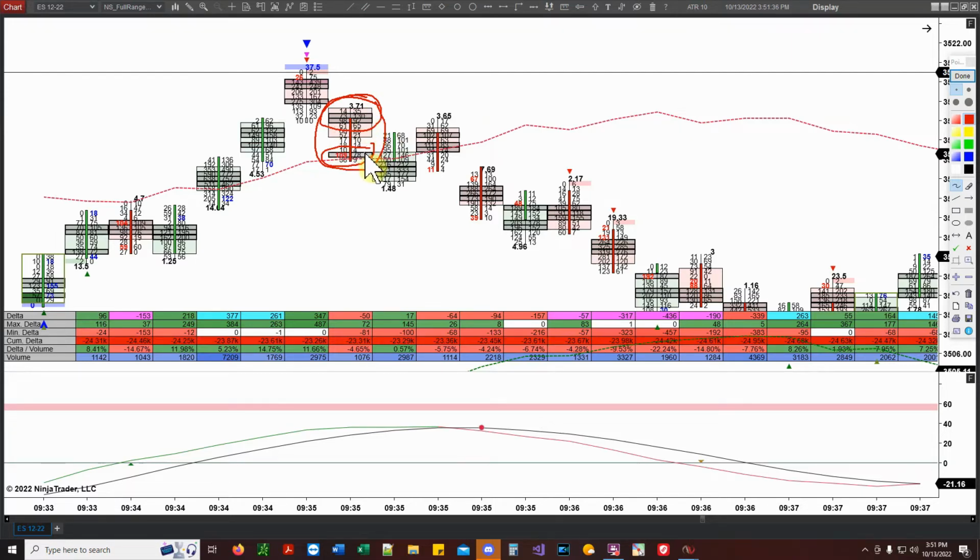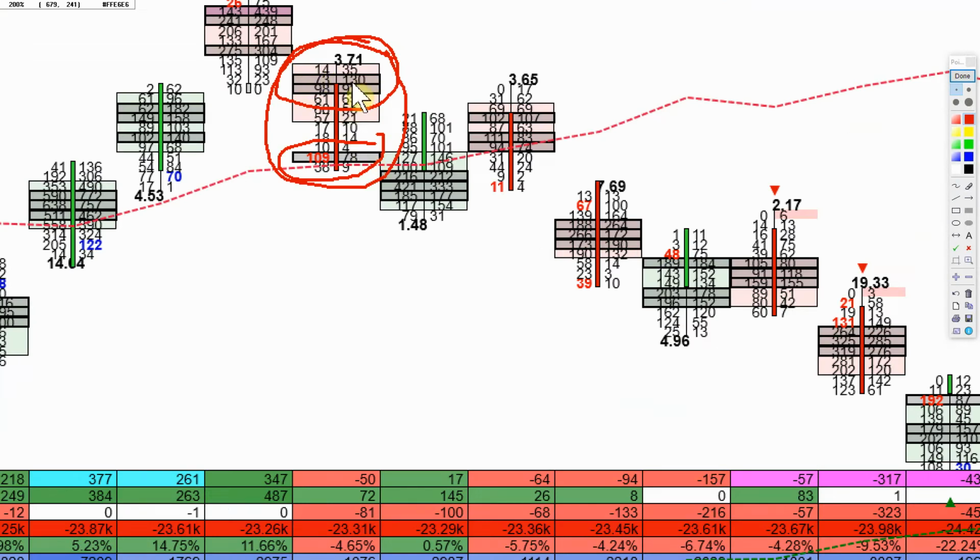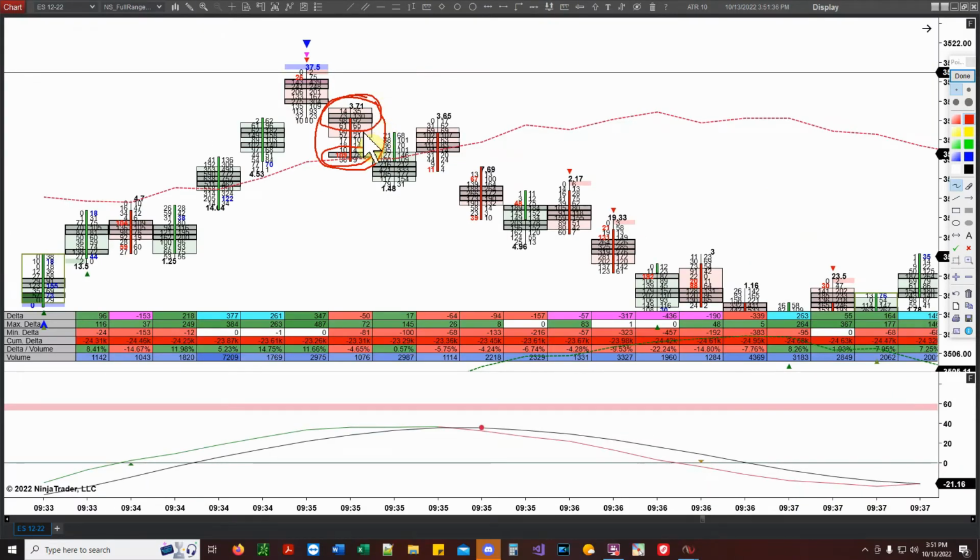formation right here. Okay? These POCs right here, there are 3 POCs, and the 3 POCs are basically the POC with the most volume, the second POC with the second most, and the third POC with the third most volume. Watch those videos. Very good.